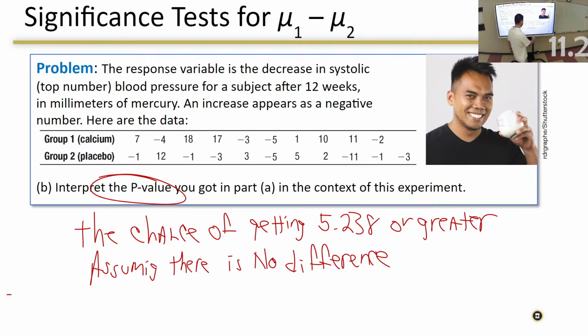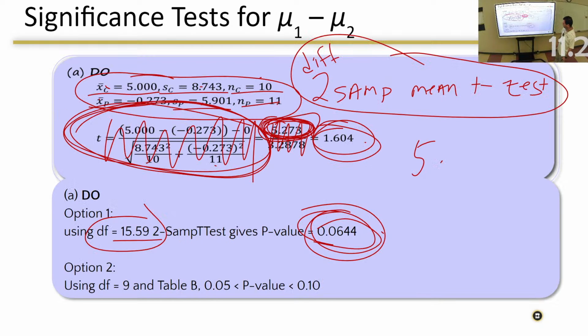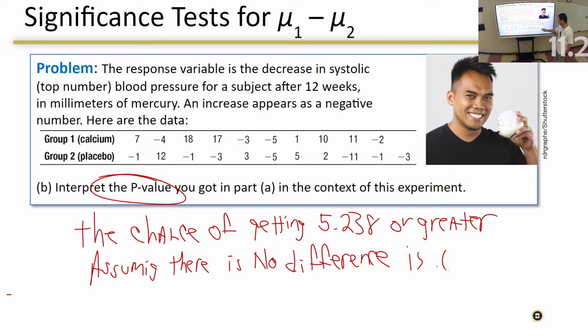Is, I guess I should put is. What was the chance? What was the p-value? 0.0664. 0.0644.